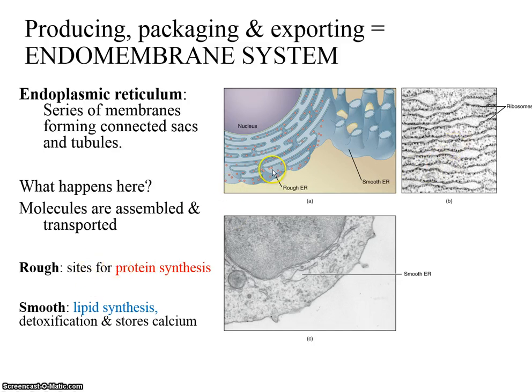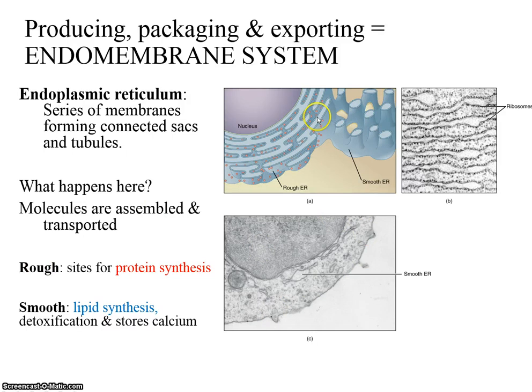As the ribosome builds the protein amino acid by amino acid, it enters the endoplasmic reticulum, and inside are a series of chemical reactions that allow for the folding of that protein into its secondary and sometimes tertiary structures.